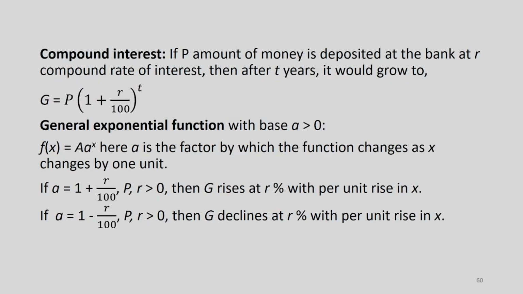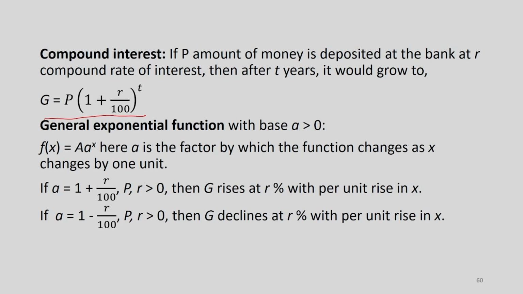Compound interest. So, this is another application of exponential functions. Suppose P amount of money is deposited at the bank at R compound rate of interest, then after t years it would grow to this number. Capital G is equal to P, P is the amount of money that was deposited initially, multiplied by 1 plus R divided by 100 whole thing to the power small t.